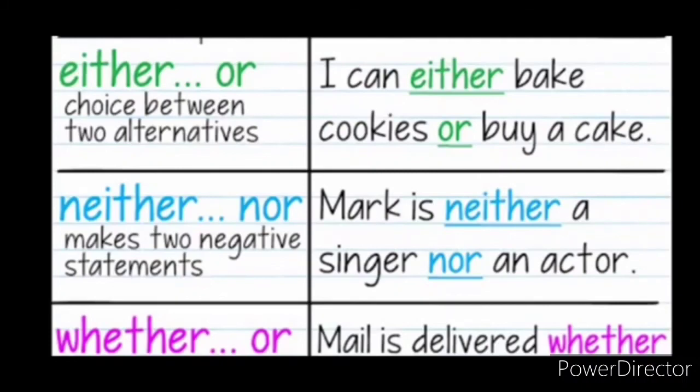Look at the sentence here: Mark is neither a singer nor an actor. So here he is not a singer and not an actor also. Neither nor shows two negative statements.